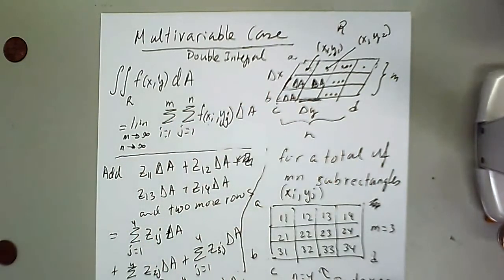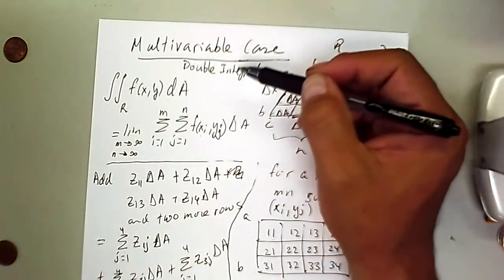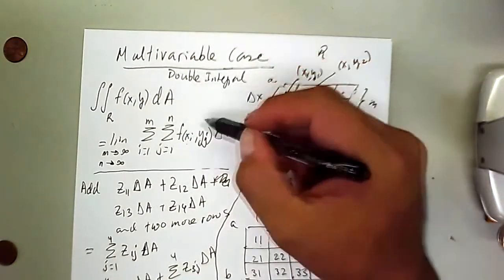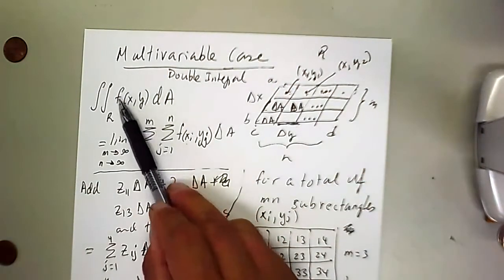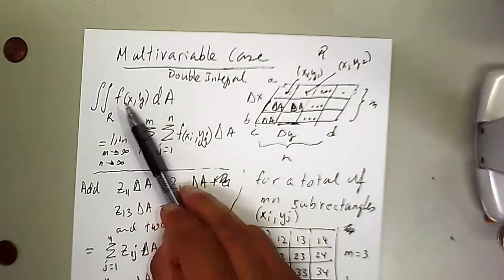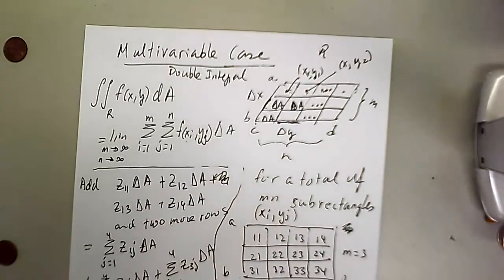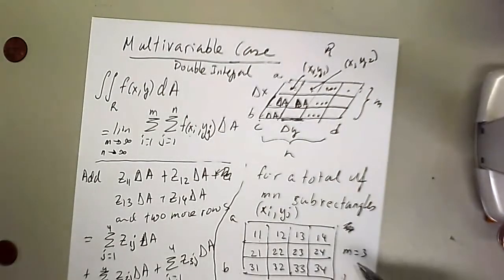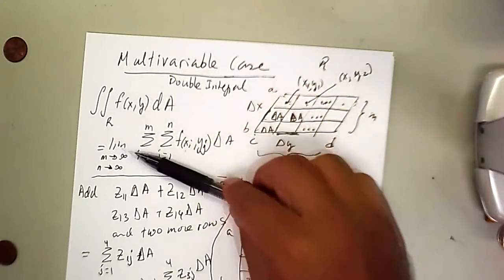So this is the way we formally define it. Well, this is not completely formal because I'm not giving more information about the function. We can assume that the function is continuous, for instance, and then this will work really well. But this is a somewhat formal definition.